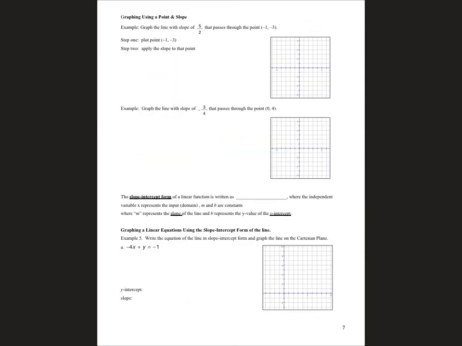Now, can I graph the line if I'm given just a point and a slope? Of course I can. If I want to graph a line that has the slope of 5/2 and it passes through this point, well, the first thing I would do is plot the point. Let's plot the point, and here I'm labeling my axes, (-1, -3).